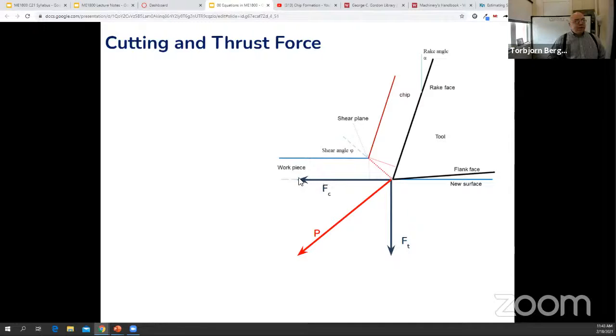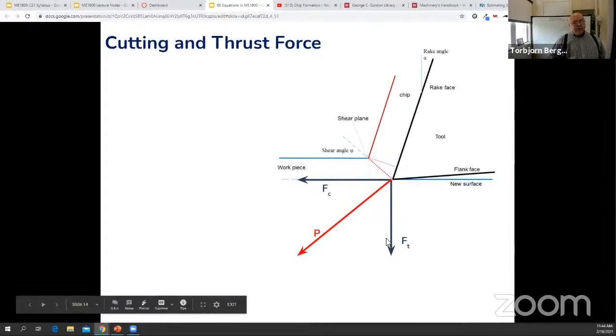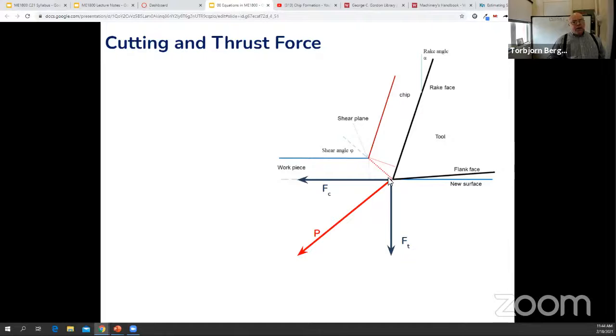We can say that this FC, which we call FC for cutting force, lines up with the direction that the tool is moving through the workpiece. And there's an FT that is perpendicular to the direction the tool is moving through the workpiece. And those two add together to equal the resultant force, which is the total force between the tool and the workpiece.